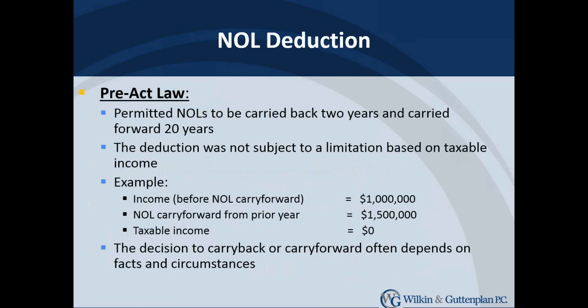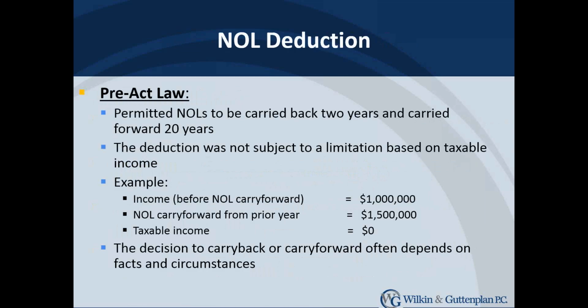Up until 2017, including this year, we can still elect to either carry back or carry forward. And sometimes the decision to do that often depends on facts and circumstances. For example, if in 2017 there is a net operating loss of $2 million, you'd have to carry it back for the most recent 2 years, and that would be 2015.